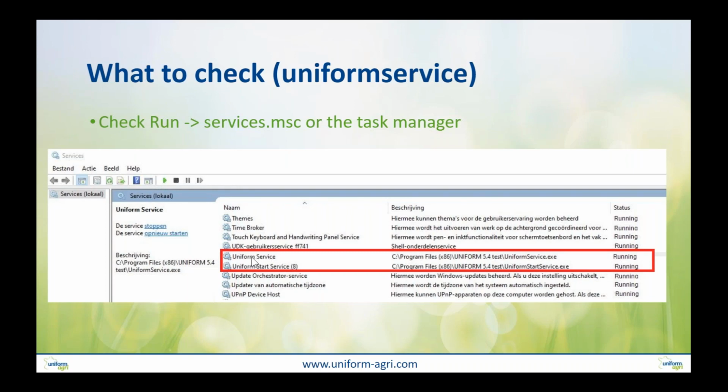And the Uniform service, to the right, should always be running, whether Uniform is active or not. If it's not running, you can usually start it by hand as well, when you start here to the left, or you can restart the PC. If it cannot be started somehow, then you better give us a call as well.